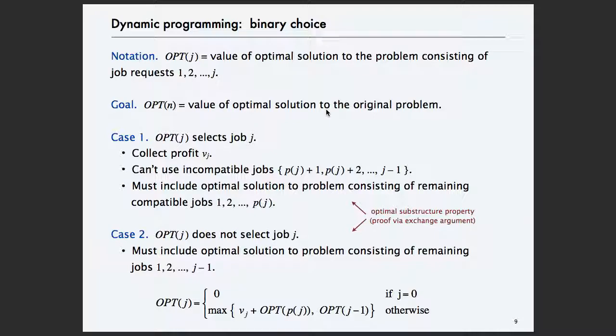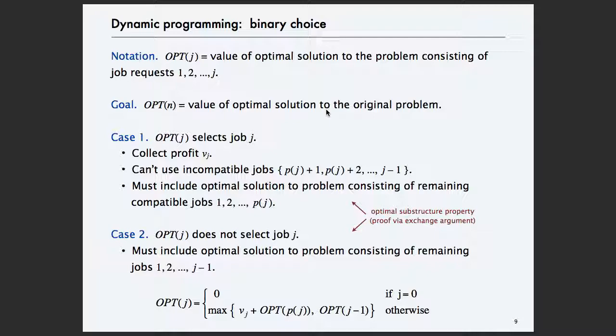OPT of J as the value of the optimal solution to the problem consisting of requests 1 through J. So we're going to be building our solution that way. And OPT of N is going to be the actual solution to our problem. Does this notation make sense? Reasonable? So good. Cool.